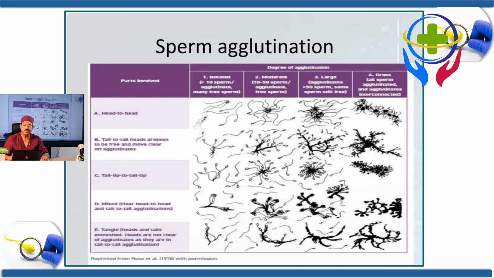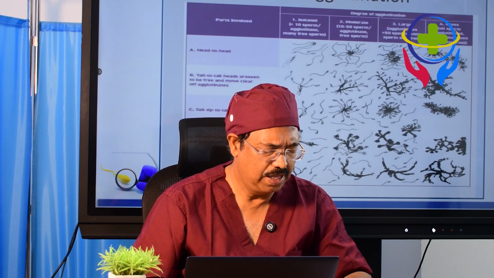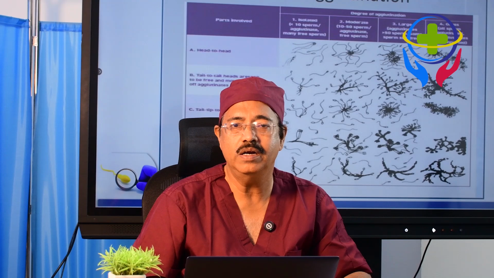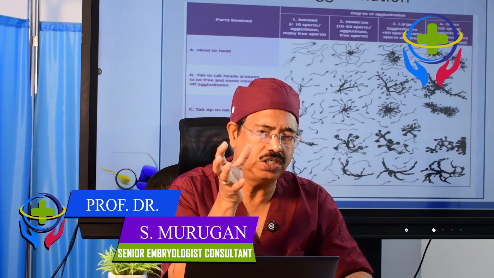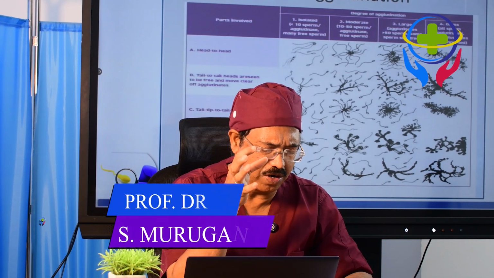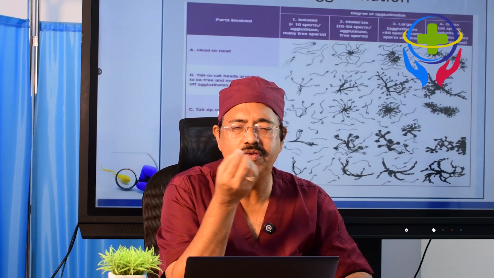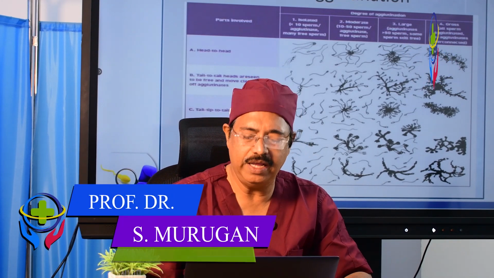And if sperm agglutination is around 10 to 50%, with more free spermatozoa, then we can give grade 2 or double plus. And if we see large agglutination of more than 50% of spermatozoa, and only a few sperm moving here and there, then we can give grade 3 or triple plus.